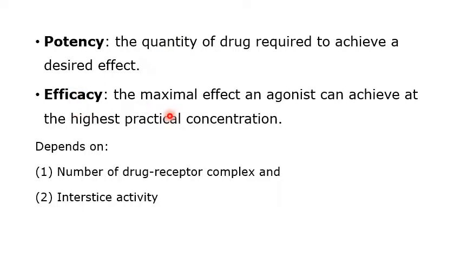Efficacy is the maximum effect an agonist can achieve at the highest practical concentration, and this depends on the number of drug-receptor complexes and the intrinsic activity of the agonist. Intrinsic activity is the ability of the drug to produce full response from binding of a drug to a receptor. We will come to explain this later, inshallah.